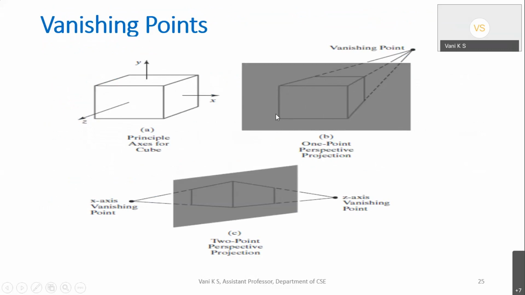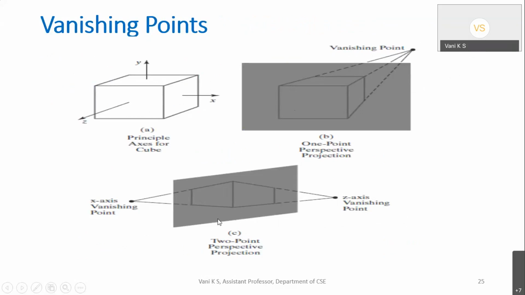For example, if I consider the XY plane, and some object in the XY plane, these lines are parallel to the Y-axis, these lines are parallel to the X-axis. But the other lines here are not parallel to the XY plane, so they converge to one point somewhere. This we call a vanishing point.